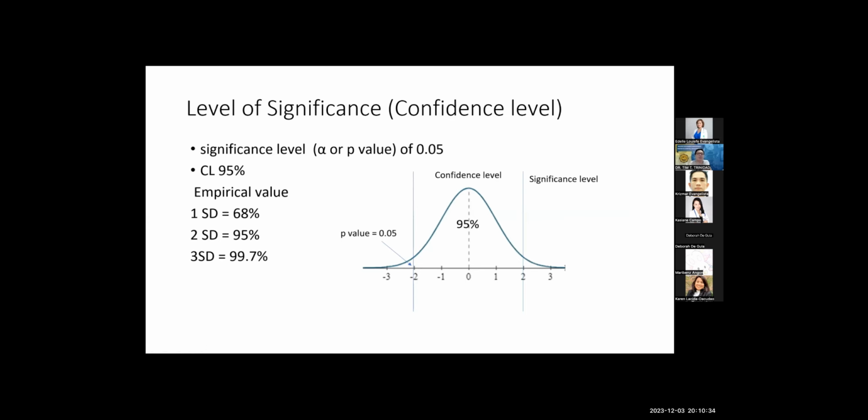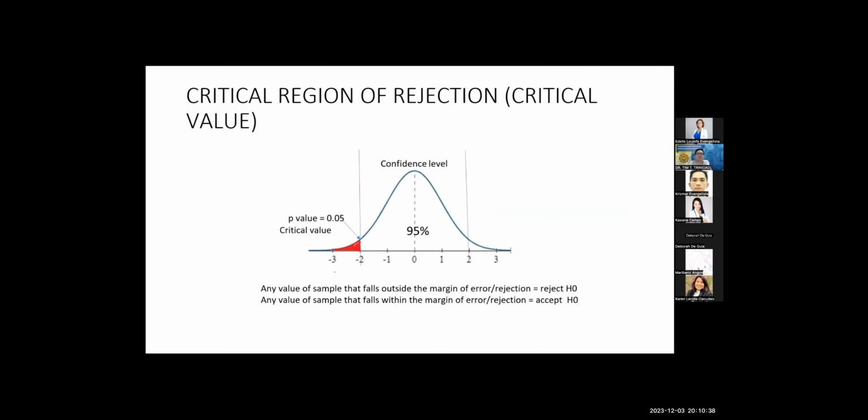So next, or the fourth step, is to determine the critical region of rejection or critical value. This line indicates the margin of error or margin of rejection, represented by p-value or critical value.